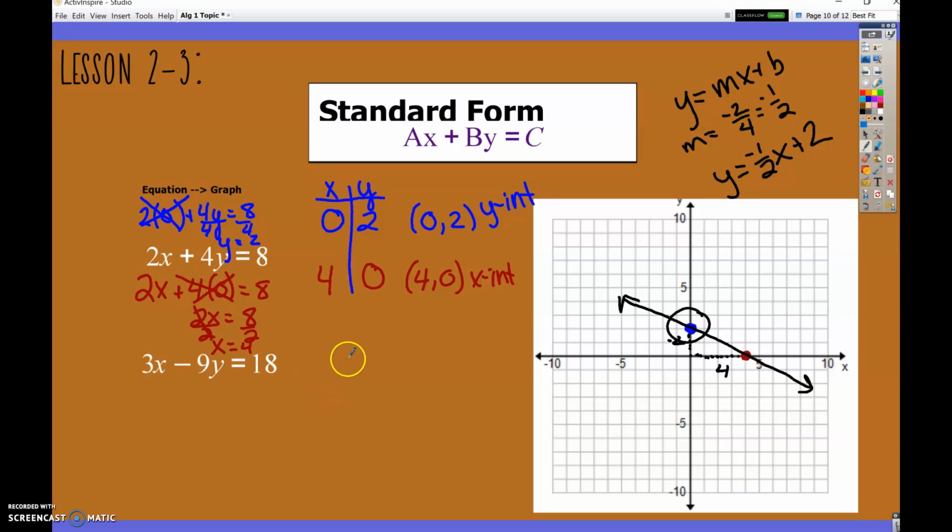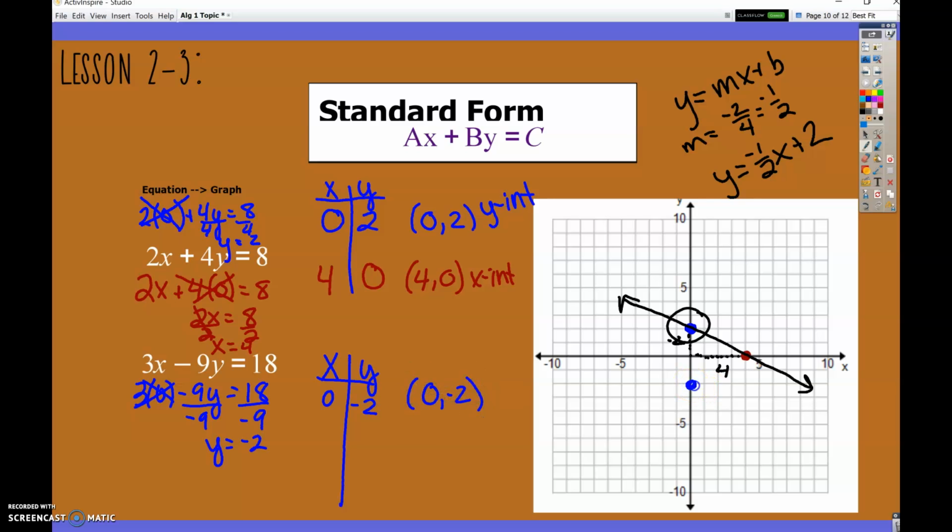So let's try another one here. In this case, if I make my x be 0, that would mean 3 times 0 minus 9y equals 18. The 3 times 0 is gone, and I'm able to solve for y by dividing by 9. I'm left with negative 2 for my y value. That tells me 0, negative 2 is my y-intercept for the second line.